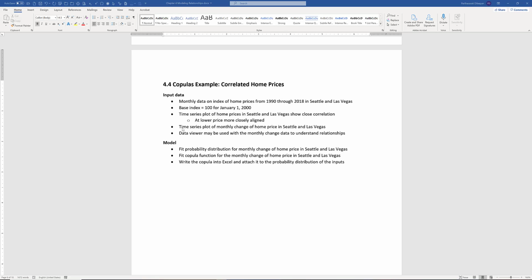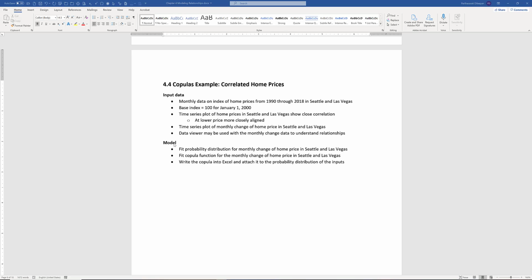Then we will do monthly change with continuous compounding, which will be the natural log of the ratio, and we'll plot that and see how that looks as far as time series is concerned. Then we can use data viewer to look at the monthly change data to understand the relationships.